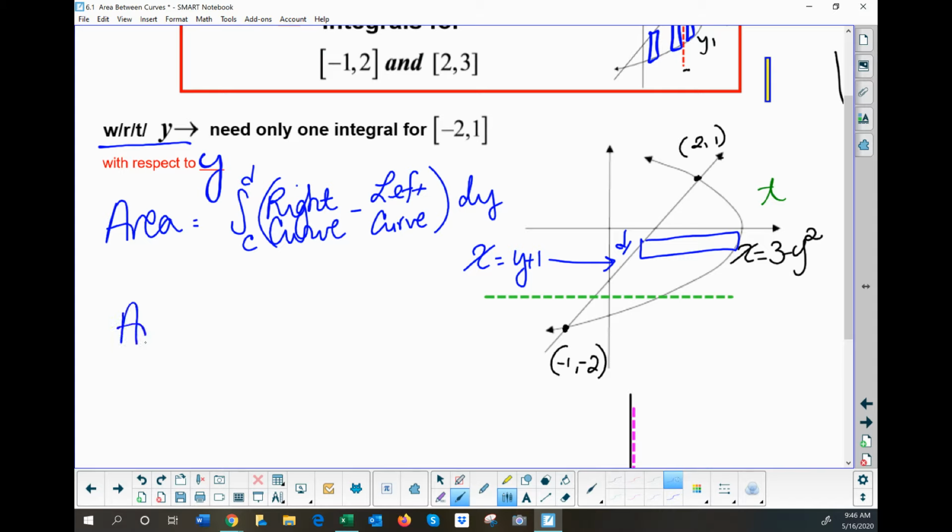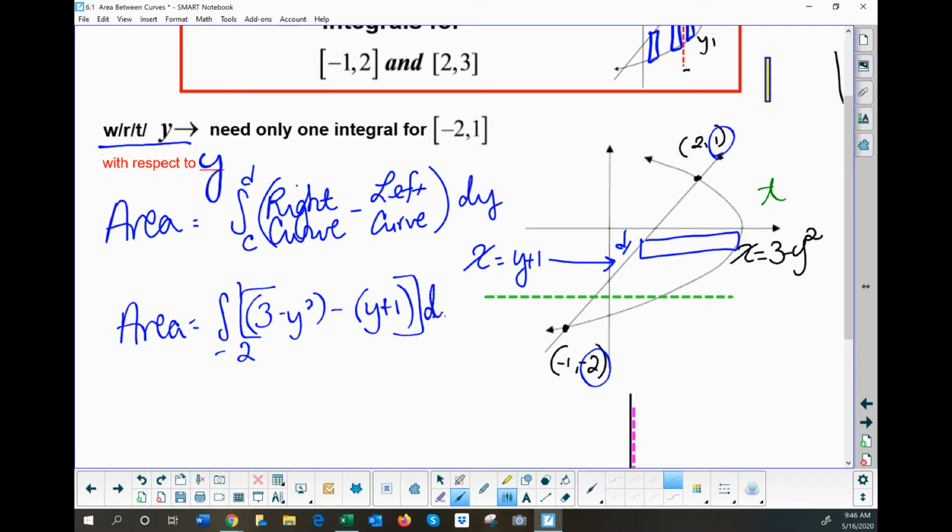Our area will be the integral. I need y value to y value, smallest to largest. I need right function, 3 minus y squared, take away left function, y plus 1, multiplied by the thickness, dy.